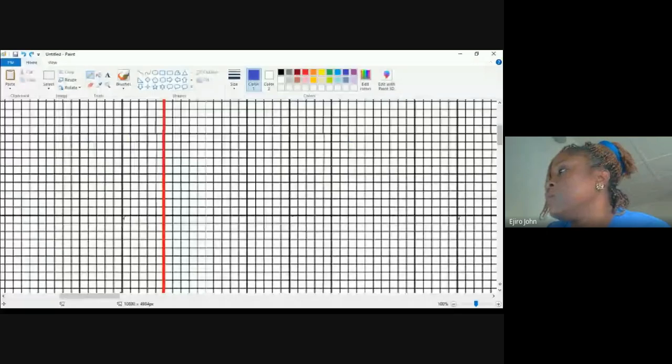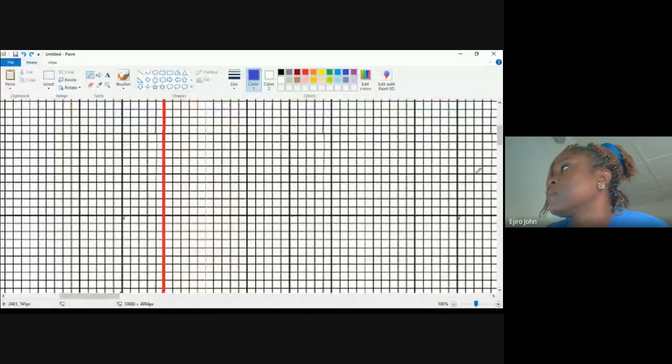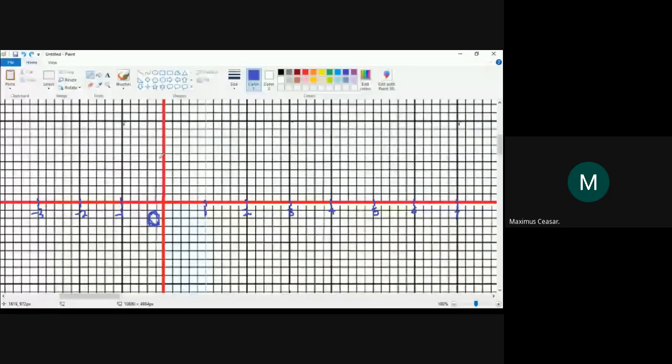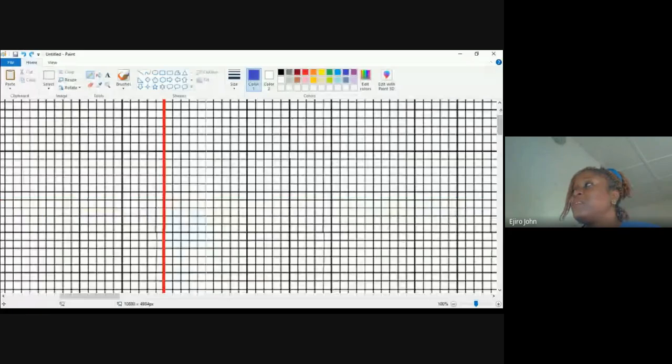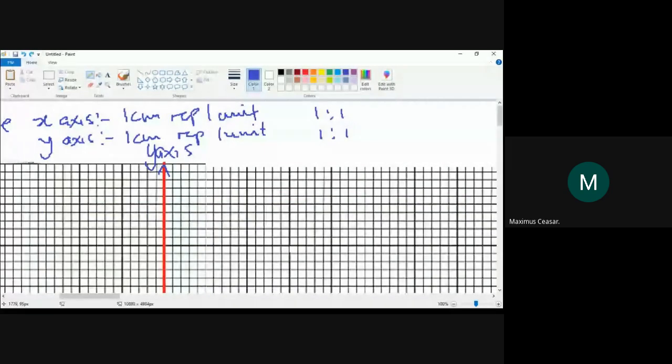So I'm going to do it like this. Am I on track? I'm on the y-axis, using a different scale. I'm not using the same scale as the x-axis. Am I on track for that? If you're using 1 centimeter to 1 unit, you're on track.